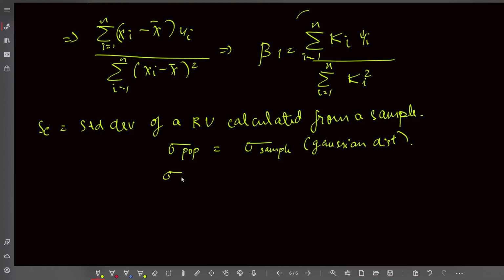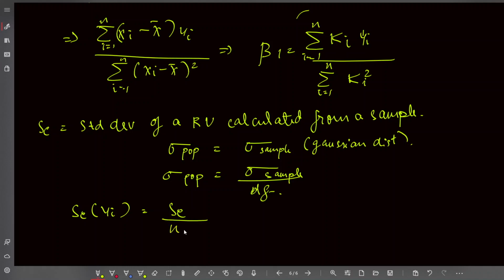And in the t distribution, the population standard deviation is equal to the sample standard deviation upon the number of degrees of freedom, df, right? So the standard deviation for my yi is just the standard deviation of the population upon n minus 2, because I have two parameters here, b0 and b1, right?